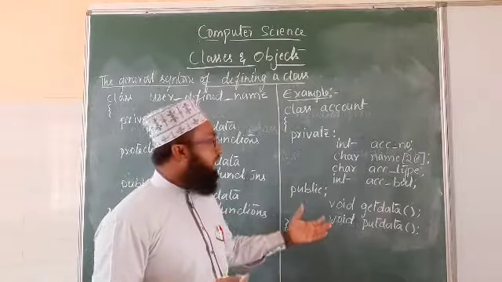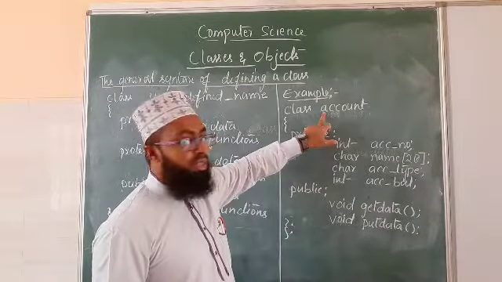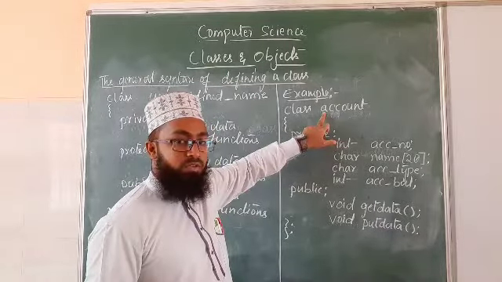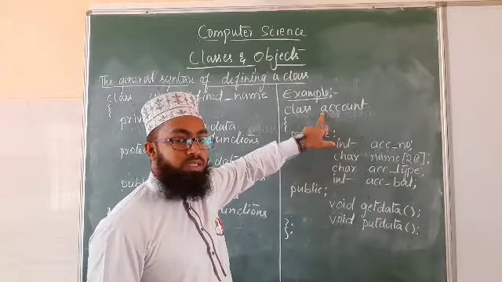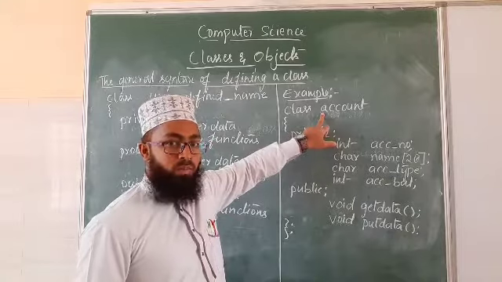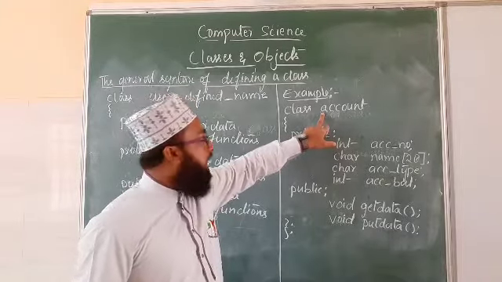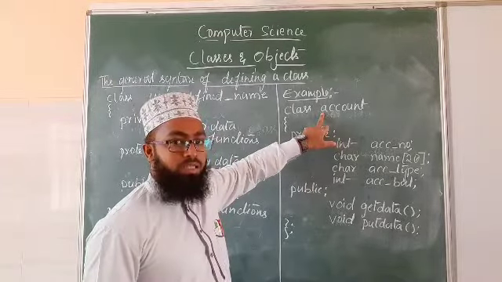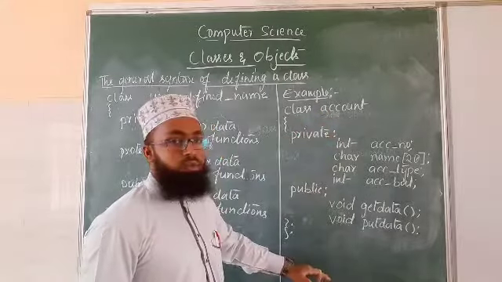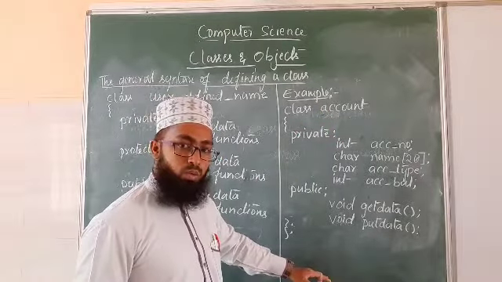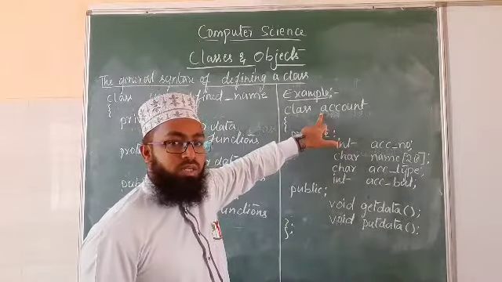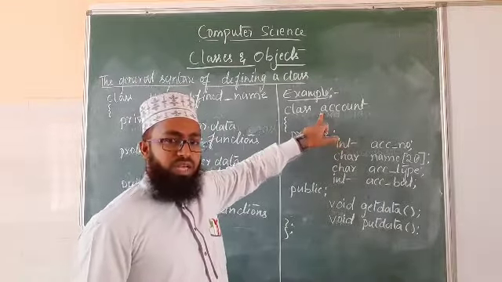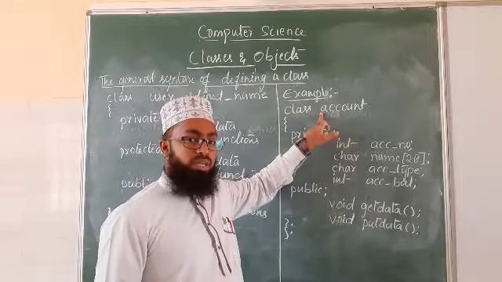So remember, I am often saying this: the name of a class is completely case sensitive. If you use a capital letter at the beginning of the class name, then in the entire program you need to use the capital letter only. So it is better to take small letters itself, so that we can avoid many errors.